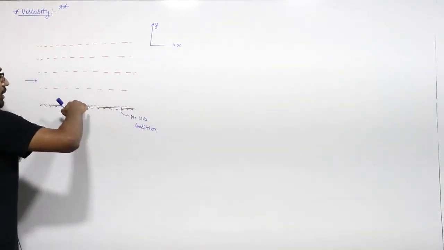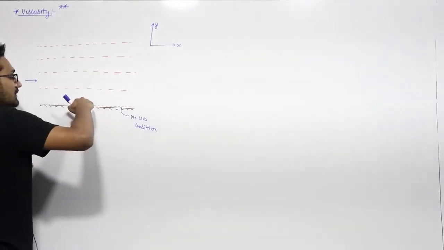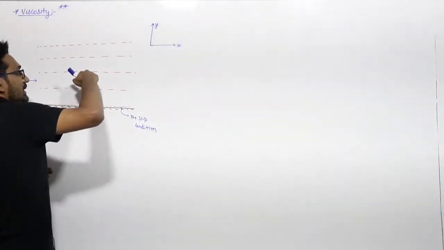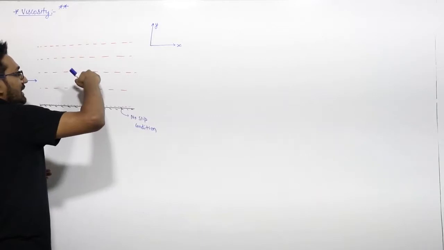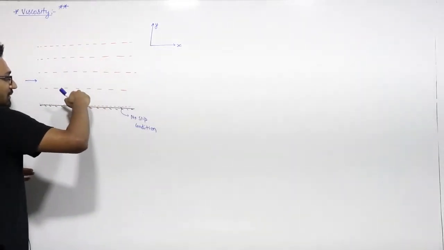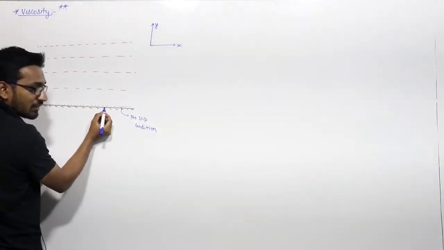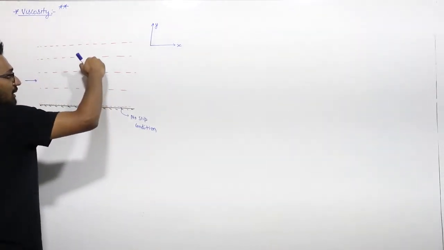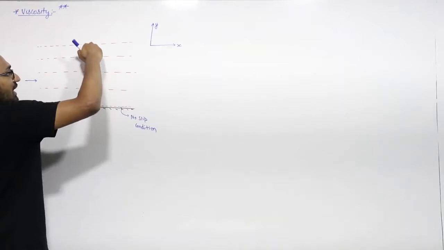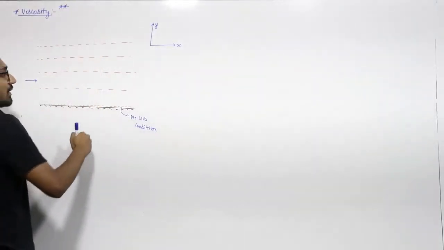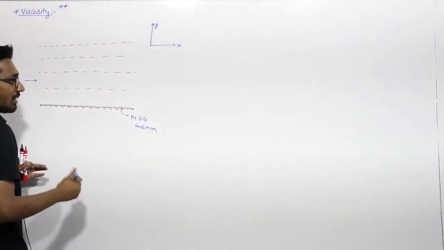When we go above from this solid surface, in this direction, the velocity is increasing. The velocity of this layer is 0 because the solid surface velocity is 0. As we go above, in the positive y direction, the velocity increases.